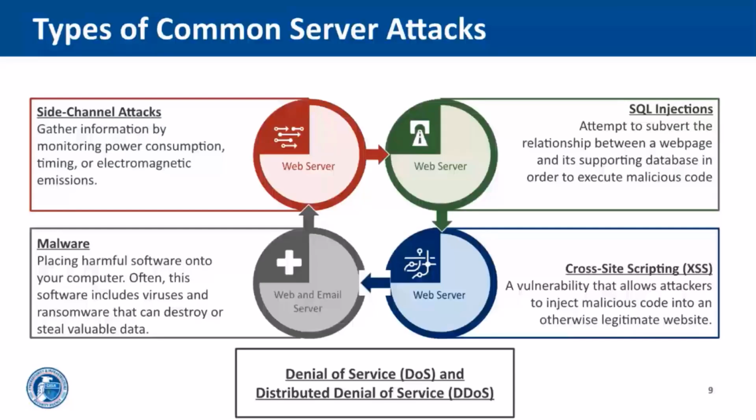And then cross-site scripting is a kind of injection breach in which the attacker injects malicious scripts into otherwise benign and reputable websites. But as you mentioned here in the chat pod, denial of service, or DoS, or distributed denial of service, DDoS, attacks are the most prevalent types of server attacks that we'll look into here over the next couple of slides.